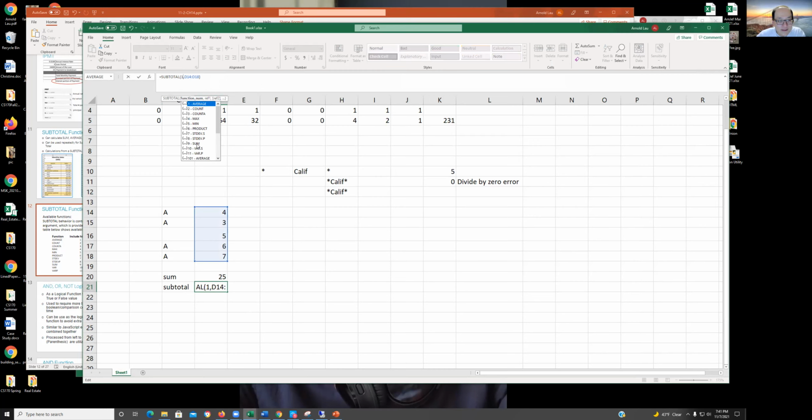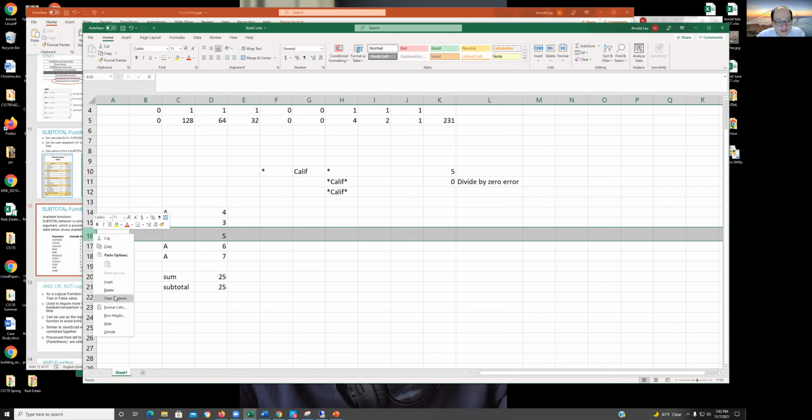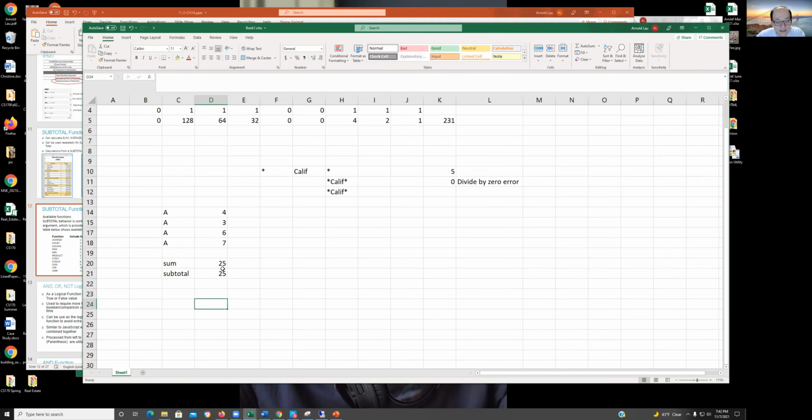where's the sum on this one? I picked the 9. This is a single digit 9, like that. 25, and then let me hide this. See, it's 25. So with the subtotal, I can actually pick the function that either hides or doesn't include the hidden values.